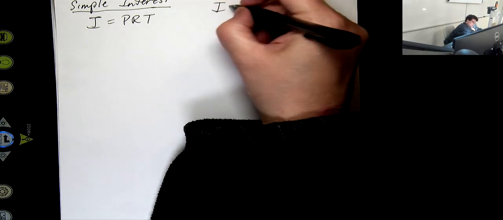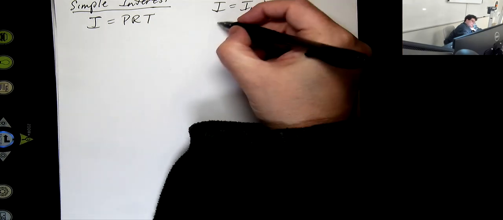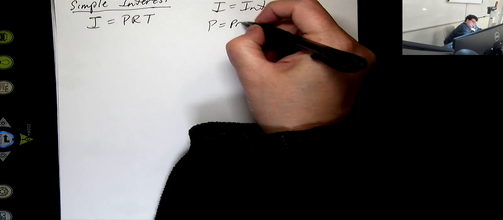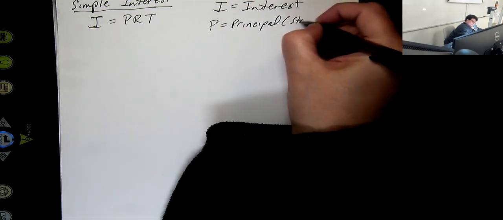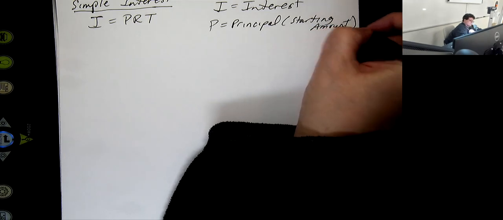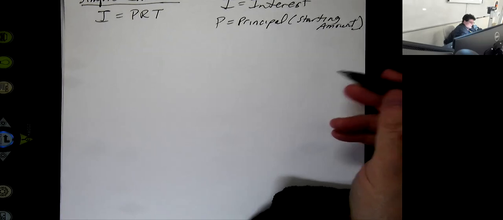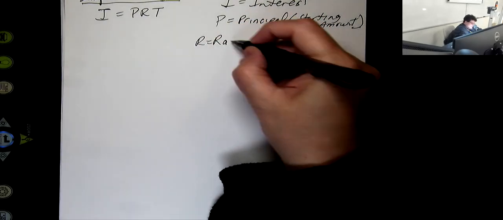I is the interest. P stands for principal, which is your starting amount. R is the rate, which is a percent.